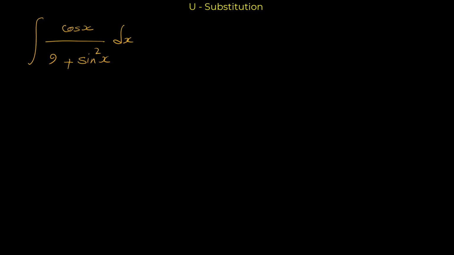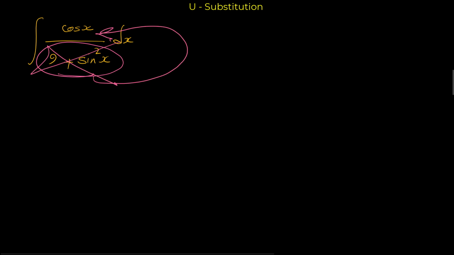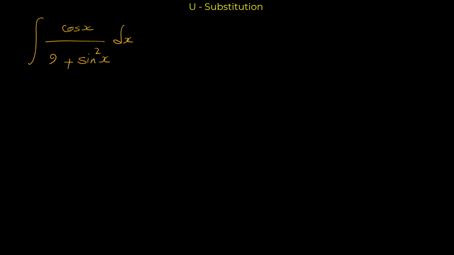What is the integral of cosine x over 9 plus sine squared x? Again, similar to the previous question, if you try to choose this as u, you would see that the derivative is not in the numerator, so this doesn't work. Because I can see 9 as 3 to the 2, let me rewrite this as cosine x over 3 to the 2 plus sine of x all to the 2 dx.